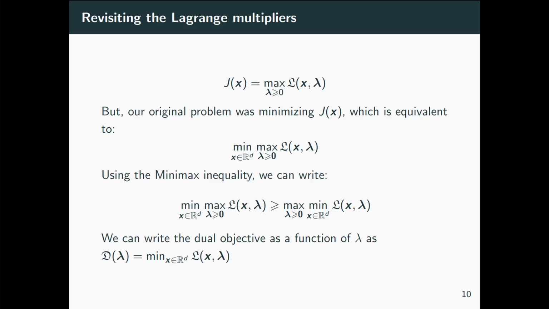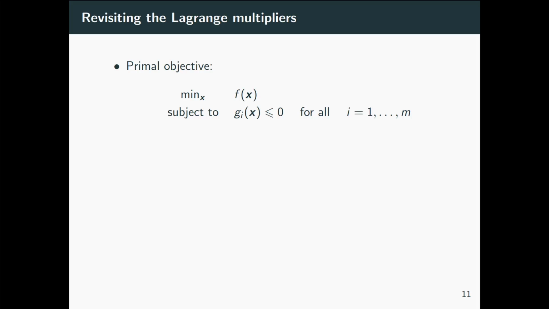Now what this gives us is that the original primal was minimization over x of the function f(x) subject to a set of constraints, or the primal objective was g of x, which is greater than or equal to the maximization over lambda of d of lambda. So g of x is our primal objective, and the maximization over lambda of d of lambda is our dual that we're trying to maximize.